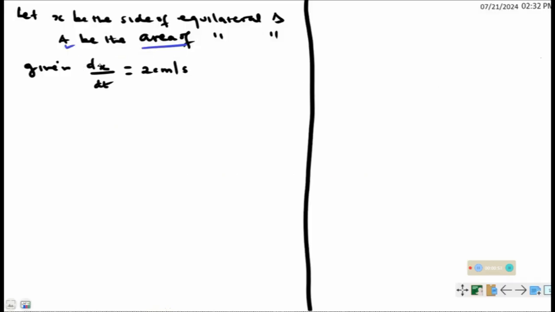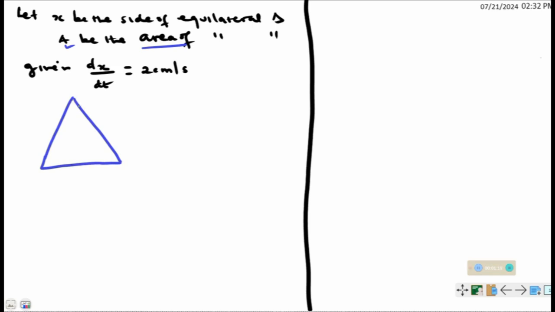So this implies that dx/dt will be 2 centimeters per second. Since we are dealing with an equilateral triangle, it will be important that we also draw this triangle such that we are able to relate the sides and the area.